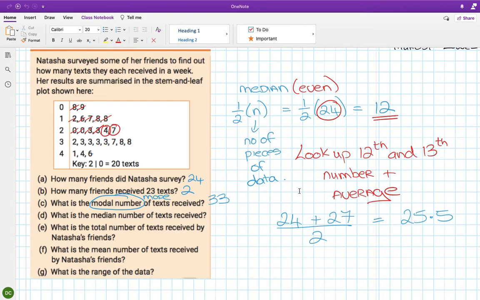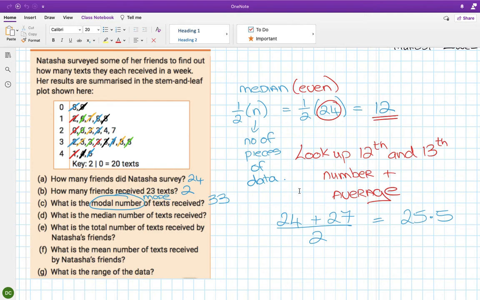Now let me show you, some of you might have done it this way, which is completely fine, where you cross off the first number and the last number, the second and the second last, the third and the third last, and so on, up to the eleventh and the eleventh last.